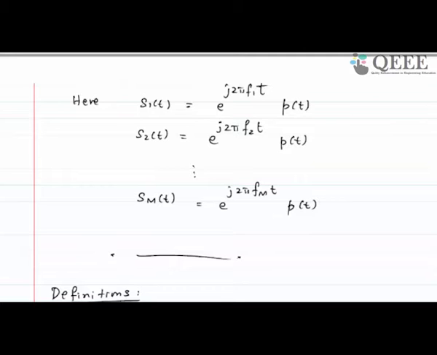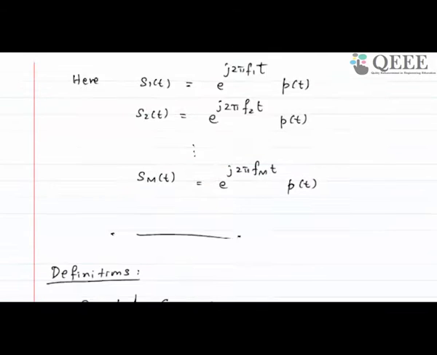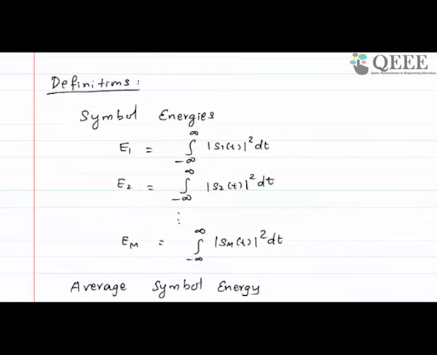Okay, so now you have these m waveforms. As I said, this is a more general treatment. So we have S1 of t, S2 of t up to Sm of t to represent m possible values of the symbol. Now I can define the energy of the symbol, right? So E1 is the energy I spend in sending the first symbol. Energy is nothing but integrating the waveform squared.